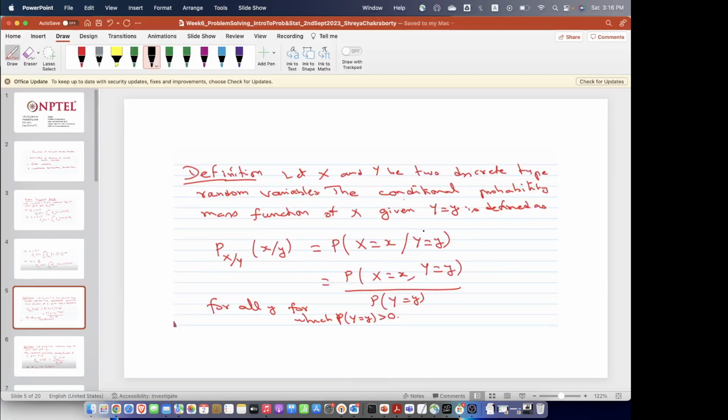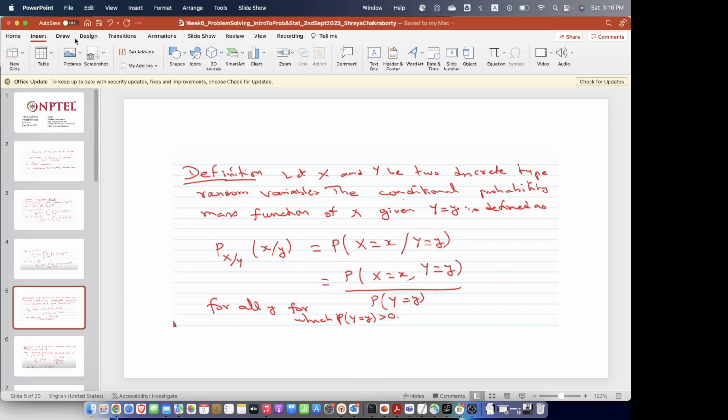we learned how to define a conditional random variable. So if we have two discrete type random variables, then the conditional probability mass function of X given Y equal to y is defined in this manner, similar to what we have studied so far in probability.